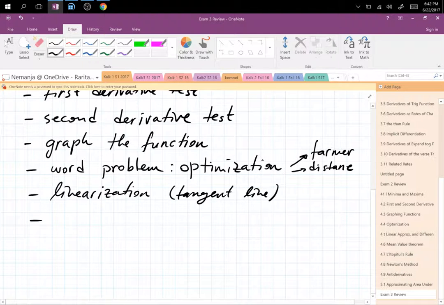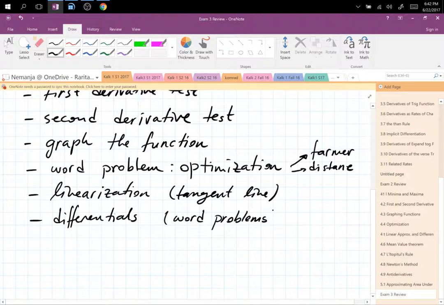And then we have differentials. Differentials measure the change. That's again word problems there.